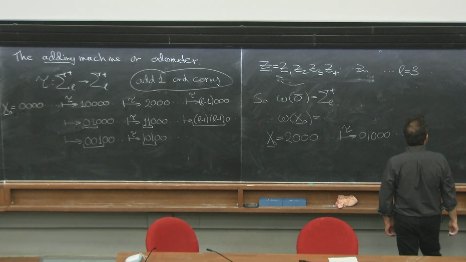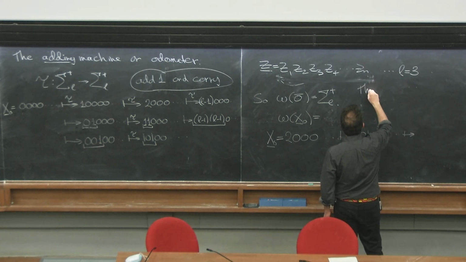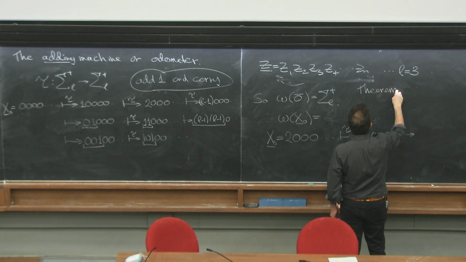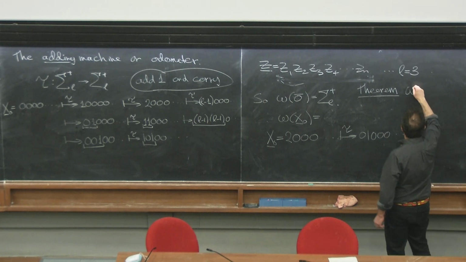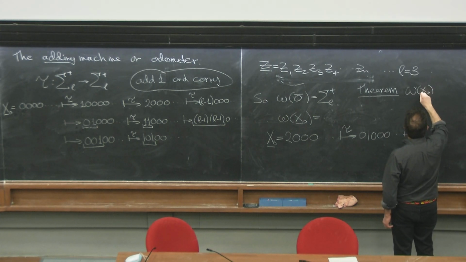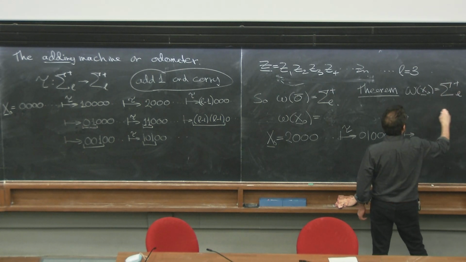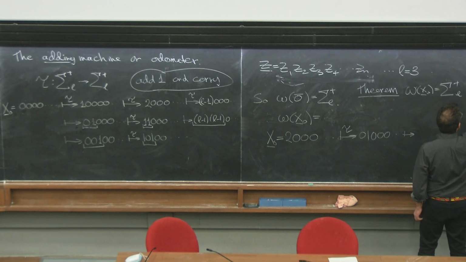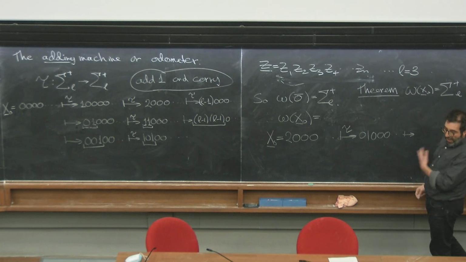So the conclusion of this, let's write this as a theorem, is that the omega limit set of the initial condition is equal to x plus L for all initial conditions. So the orbit of every point is dense.